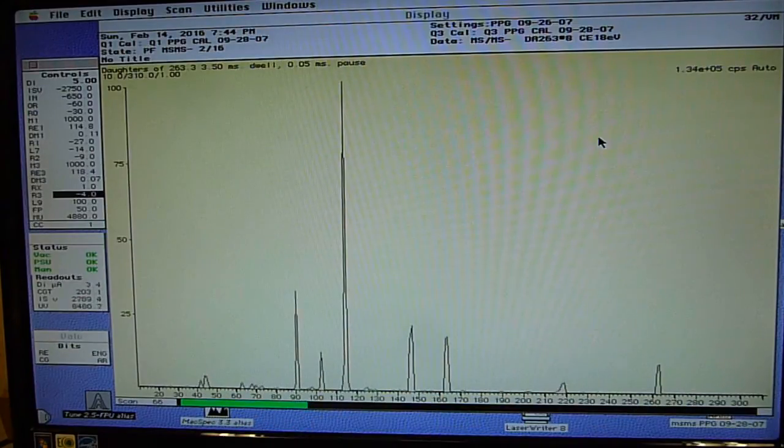If this is negative, then the carboxylic acid side chain should be ionized, and we should get loss of CO2, which is 44.